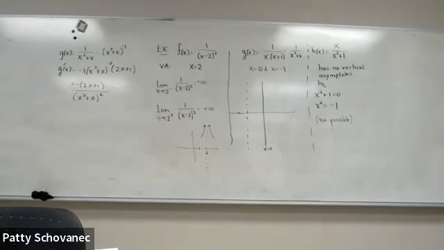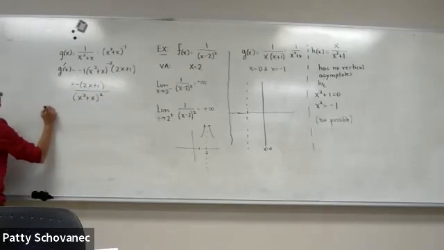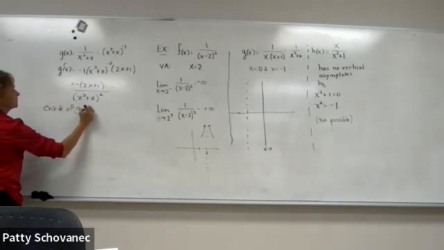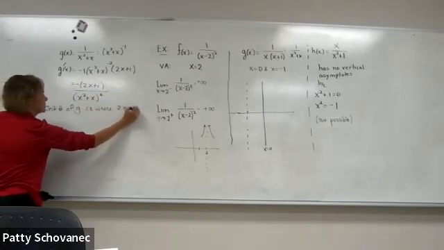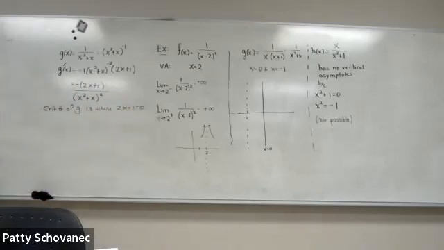So I'm going to get a critical number. That occurs when the numerator is 0. 2x plus 1 is 0 when x is negative 1/2.